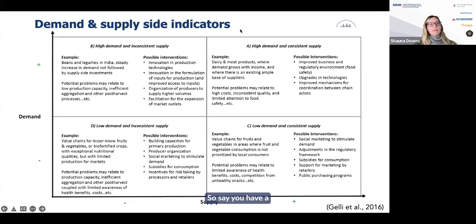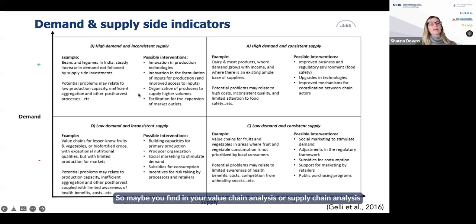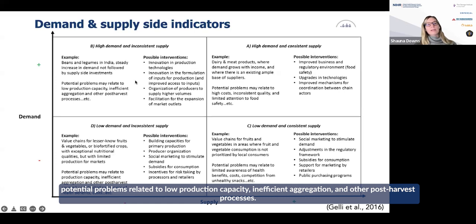So say you have high demand but inconsistent supply. As an example here, they have beans and legumes in India, with a steady increase in demand not followed by supply-side investments. So maybe you find in your value chain analysis or supply chain analysis potential problems related to low production capacity, inefficient aggregation, and other post-harvest processes.